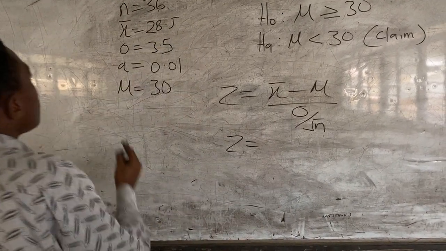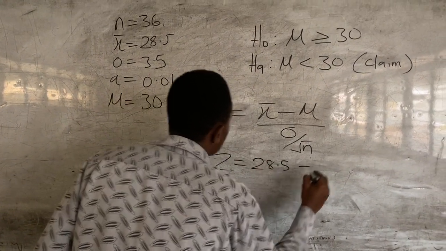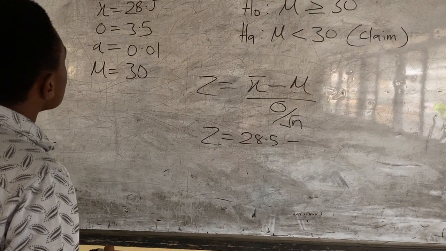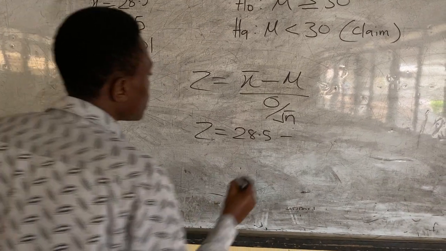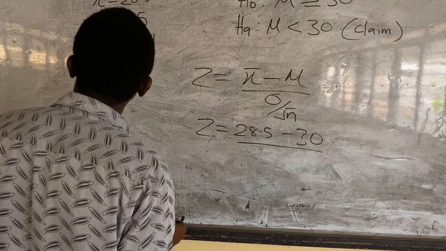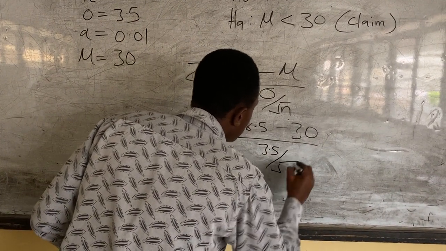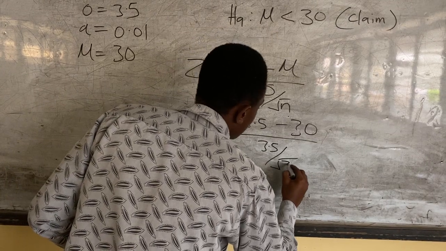So from our variables we have 28.5 minus 30 all over 3.5 over root 36.